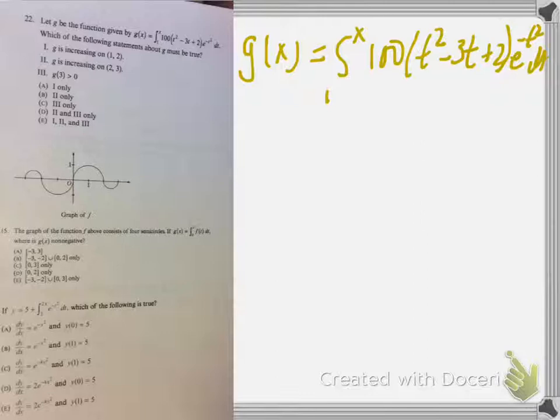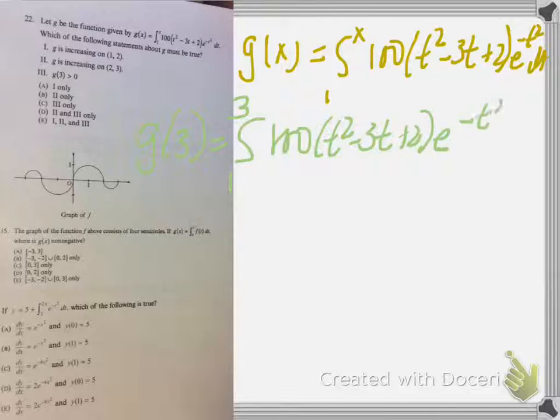Okay, so I'm looking for g of 3. So g of 3 is the integral from 1 to 3 of this crazy function. Okay, so you're going to use your Math 9.